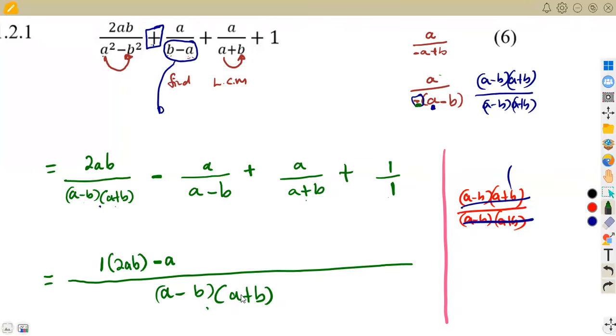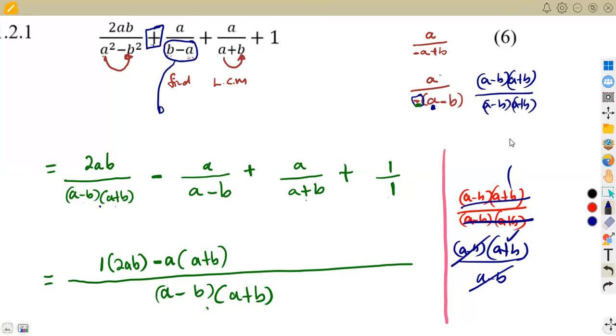So we are going to remain with what? We are going to remain with A plus B. But if you don't understand, write your terms: your LCM is A minus B into A plus B, like this, and you divide by A minus B, this one. You write your A minus B like this. You can see, okay, this and this cancel. A plus B is remaining.